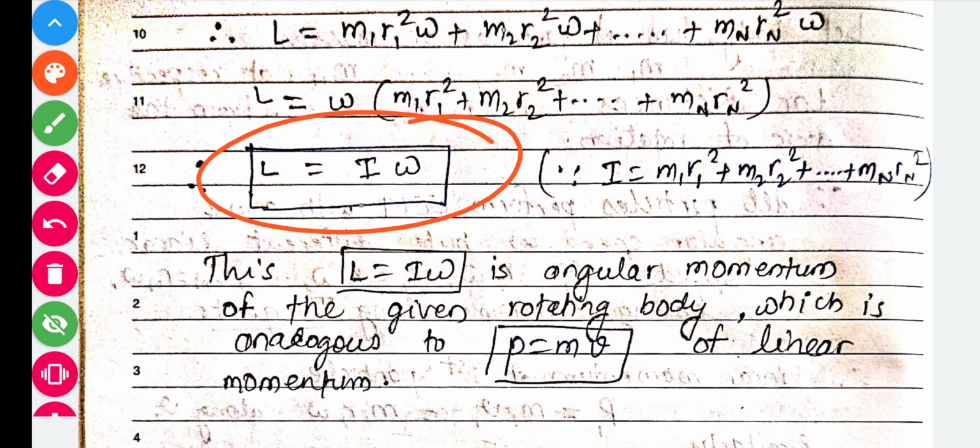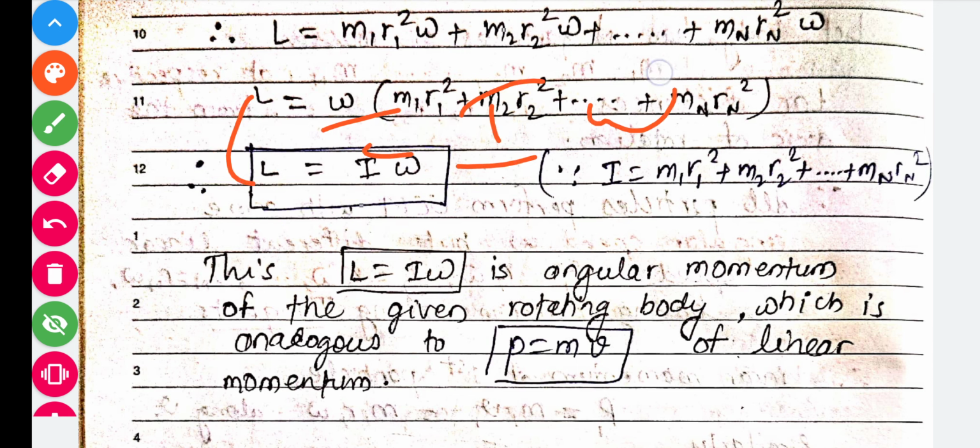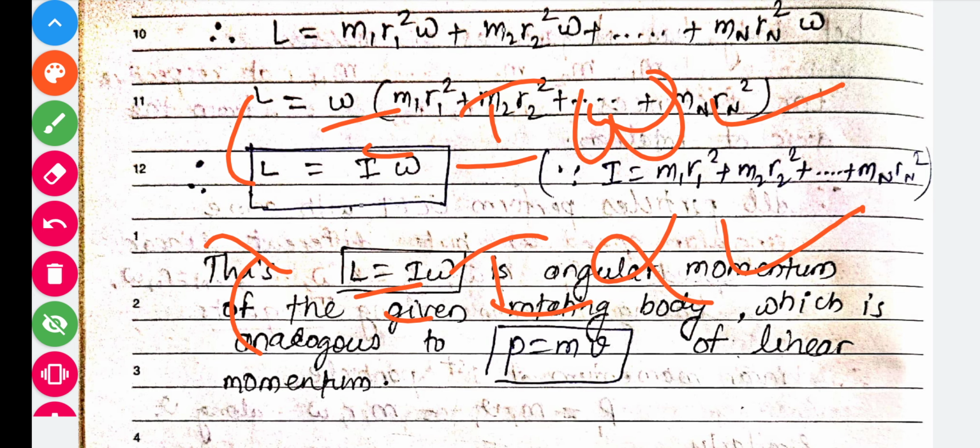So angular momentum in terms of moment of inertia and torque in terms of moment of inertia. L is equal to I into omega, tau is equal to I into alpha. This is the angular speed, this is the angular acceleration. Angular speed gives us angular momentum and angular acceleration gives us torque.